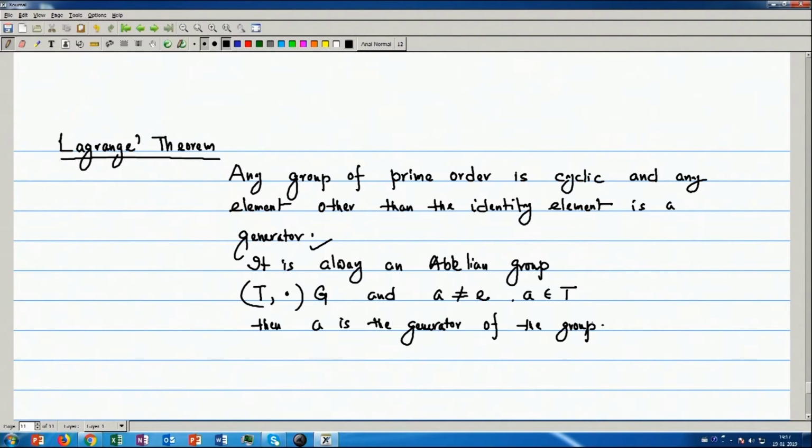So, we have read the definition of a group and some properties and theorems related to the order of a group. Now, since we started our discussion with the algebraic structure, we have a set and an operation defined on it.